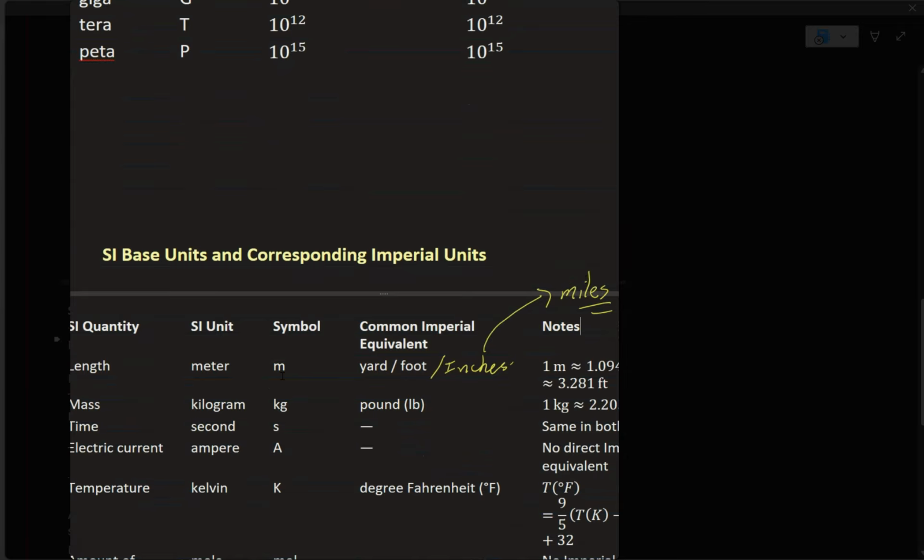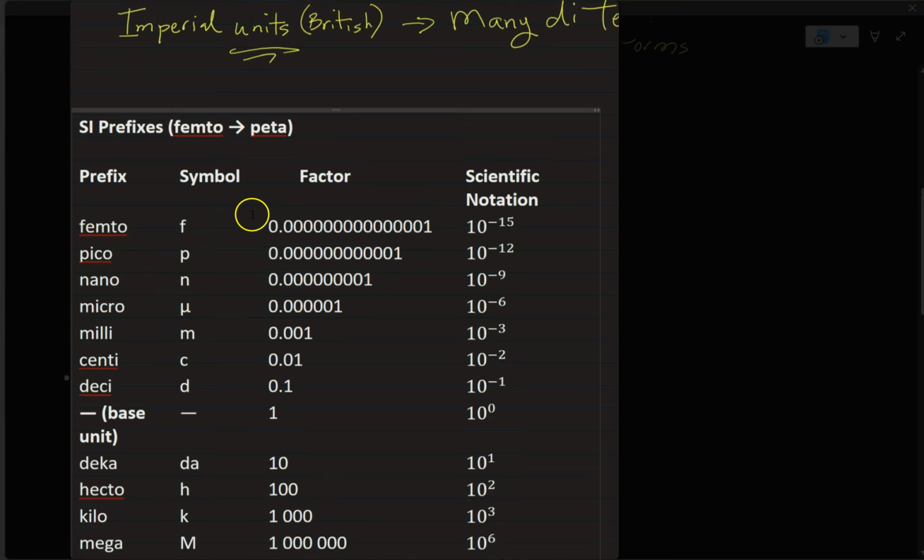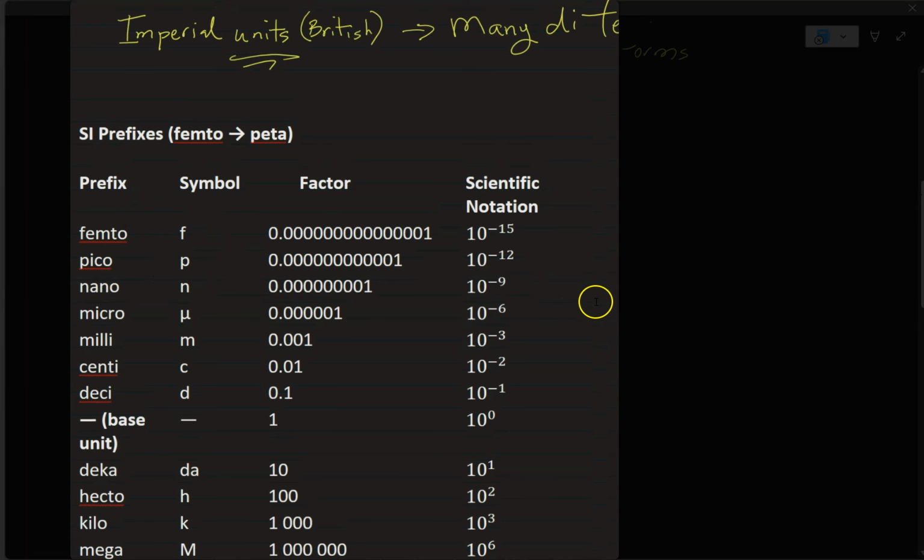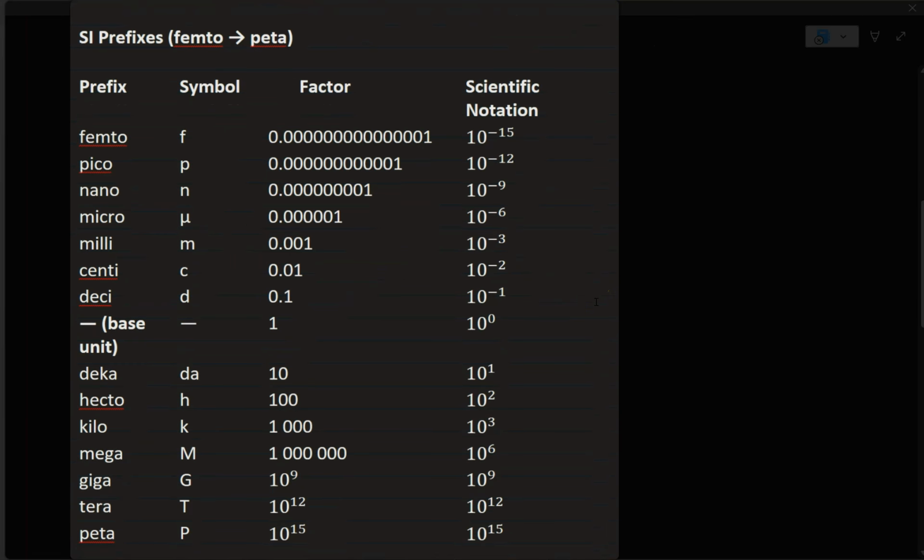For example, this is meter and this is kilogram. The meter and second and everything else, if you include the prefix in front of it, you can find out the magnitude of a given unit.